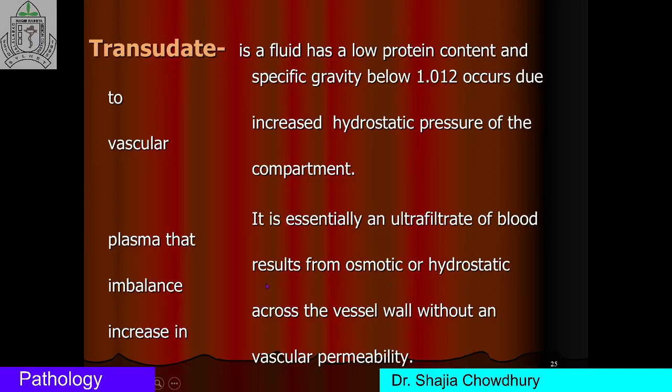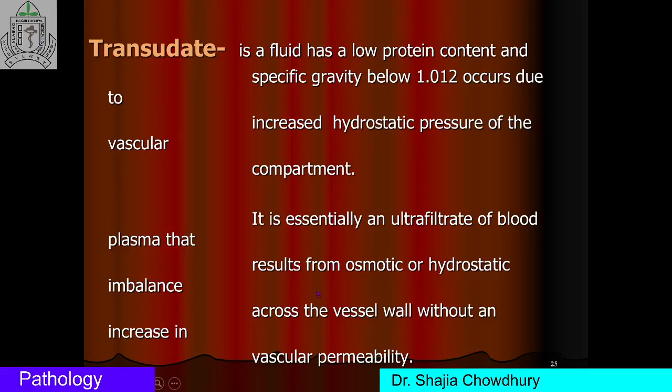And it is essentially an ultrafiltrate of blood plasma resulting from osmotic and/or hydrostatic imbalance. That is, increased hydrostatic pressure and decreased osmotic pressure across the vessel wall, without an increase in vascular permeability. Here vascular permeability is normal.